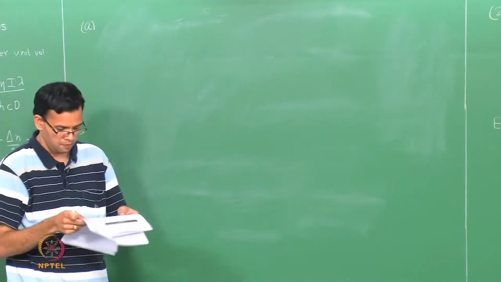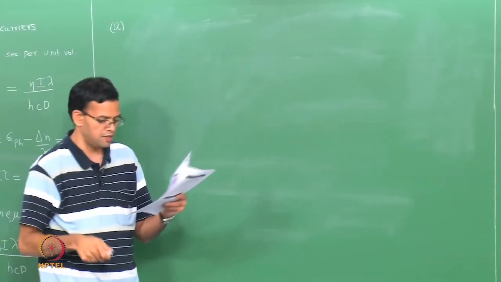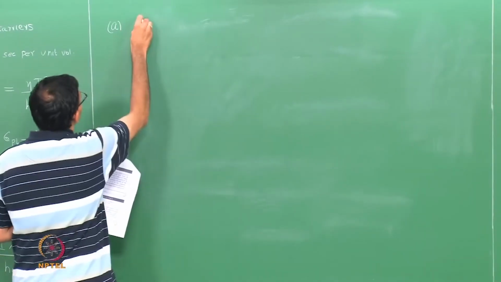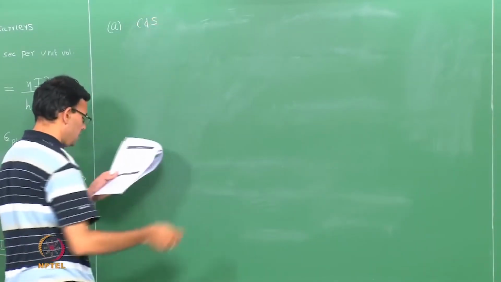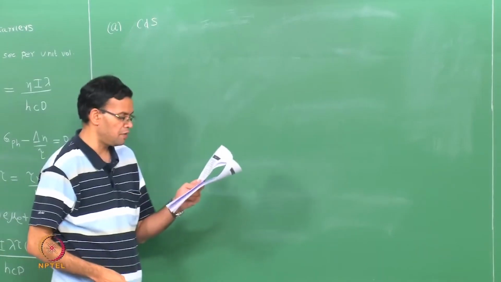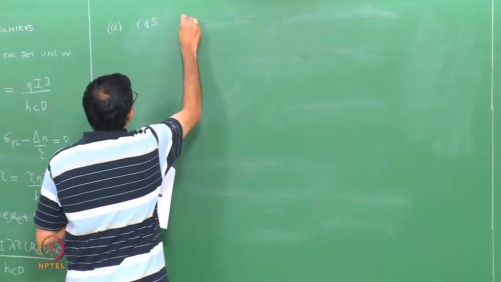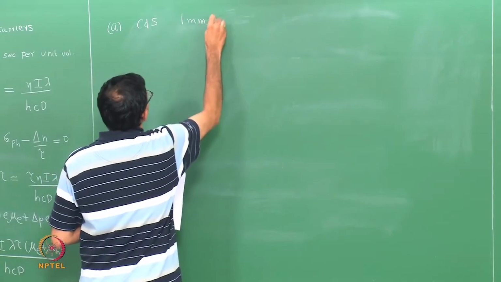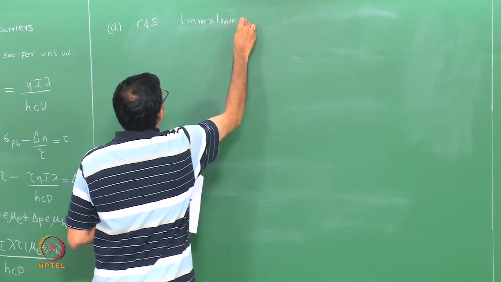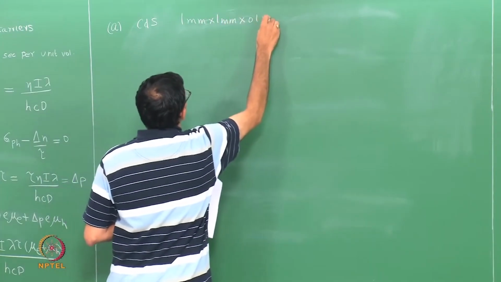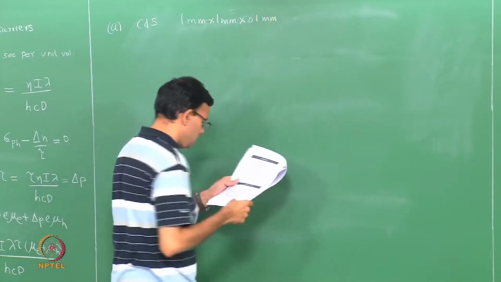So, now we say that the material we have is cadmium sulphide. The dimensions are essentially given. So, 1 millimeter by 1 millimeter by 0.1 millimeter.